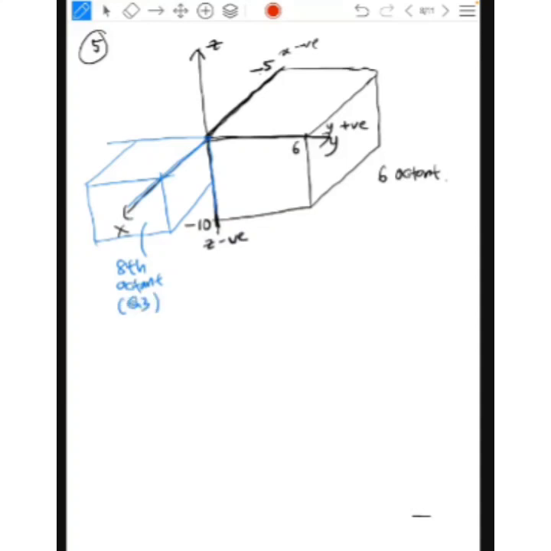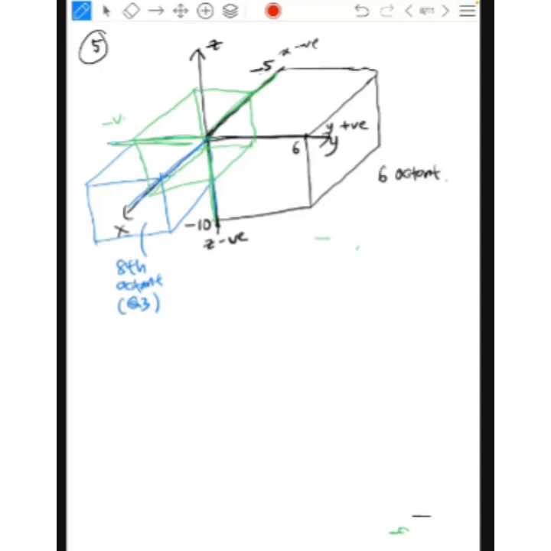Okay, and then question number 4. The 7th octant is over here, on this side, but it must be drawn downwards. Okay. This one and this one, and this one. So x is negative, y also negative, and z also negative.